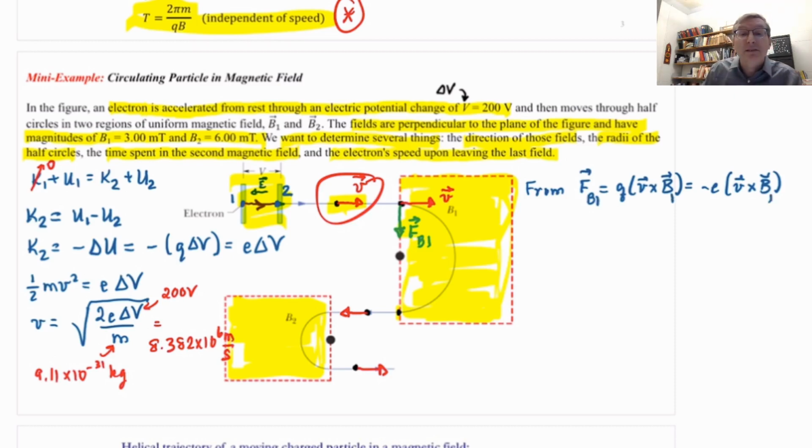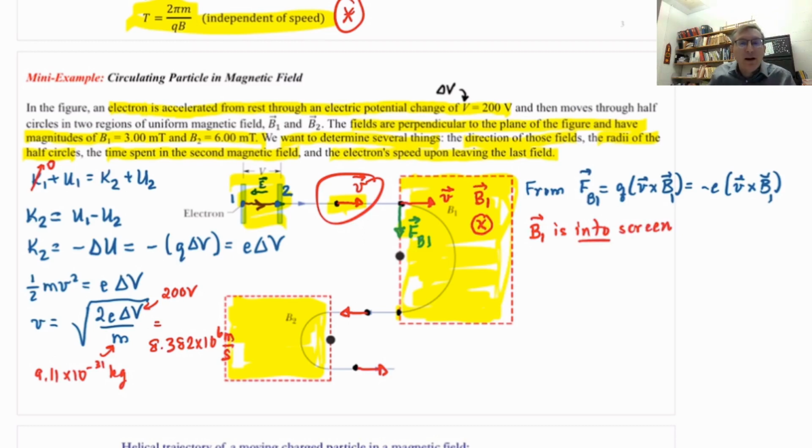Which way that B1's got to be pointed, so that I get the FB1 in the direction you see. And my contention is that we will conclude that the B1 must be into the screen. It is directed into the screen. That would be denoted with an arrow like that. Well, with an X, I should say.